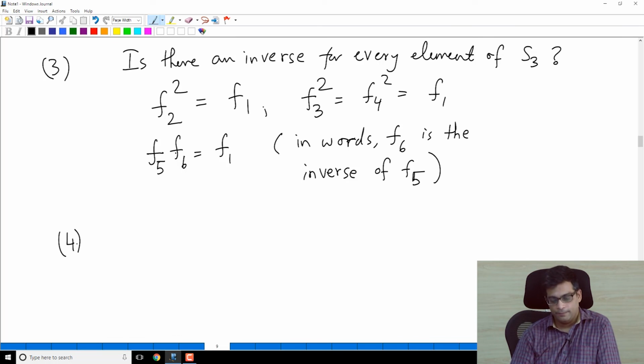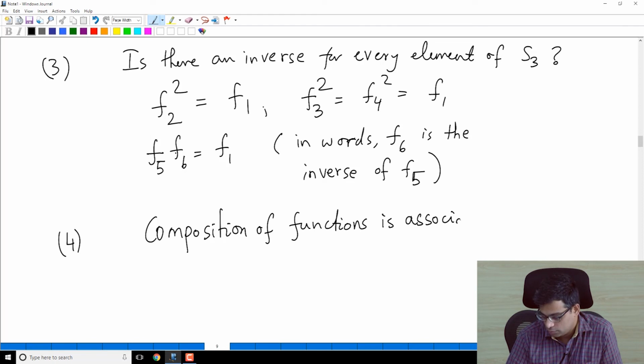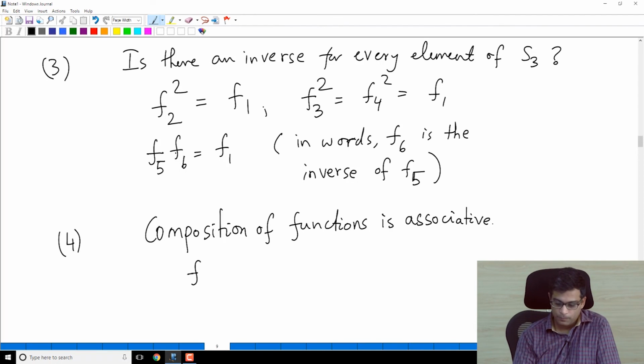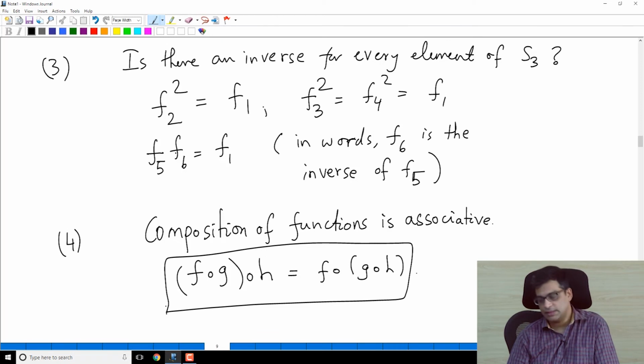And the fourth property: is composition of functions associative? It is. Composition of functions is associative. This is something that you perhaps have done in the past. It is an easy check that if you compose two functions and then compose the third function, it is the same as composing in the other order.